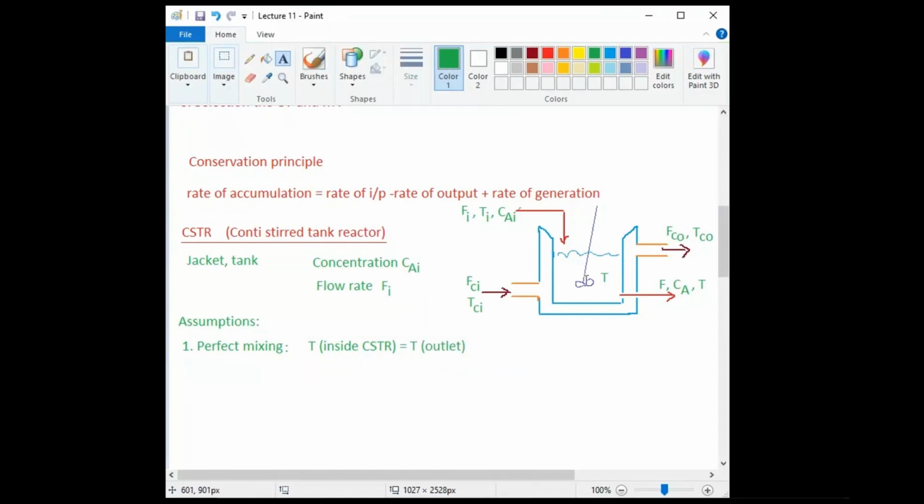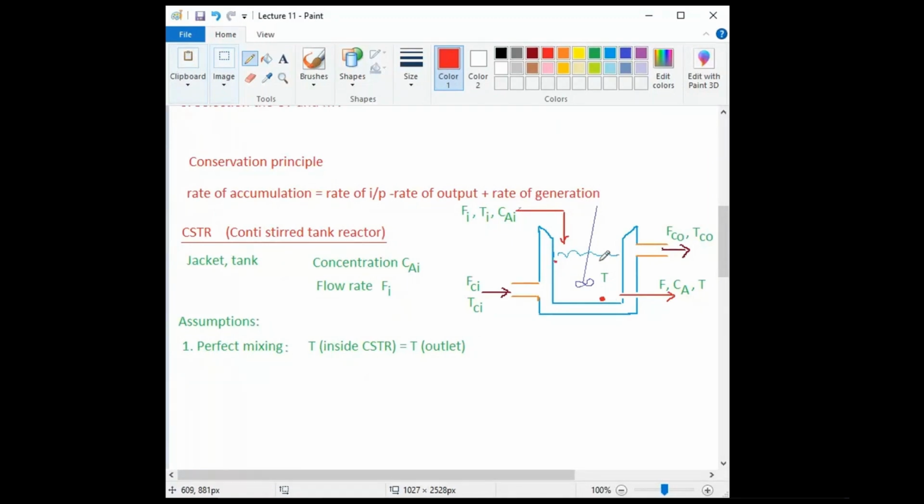Throughout the tank the temperature is constant, and the same product is going out, so the outlet temperature is also T. What will happen if we do not consider this? Obviously we know that the temperature throughout the tank will not be constant. At this particular point the temperature will be something else, and at this particular point the temperature will be something else.